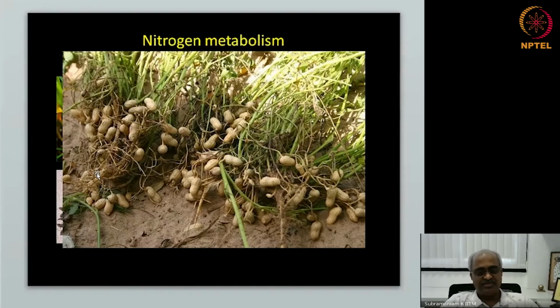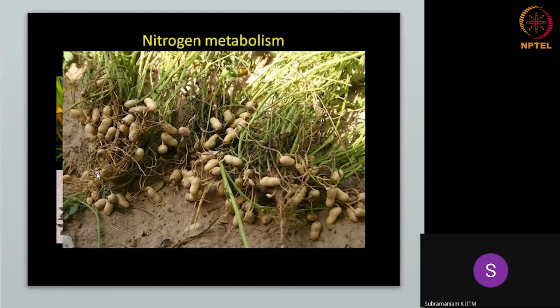Okay, so from water electrons are taken and the oxygen is evolved, and then later the electrons flowing through the carbohydrate molecules finally come to mitochondria and reduce oxygen into water again. Okay, so that is the electron circuit.